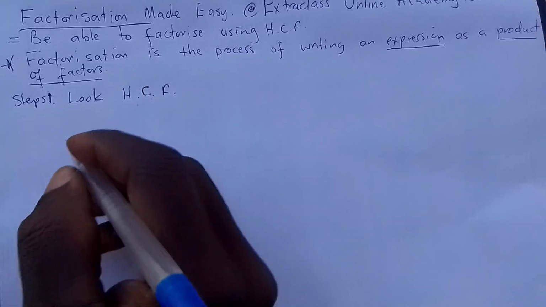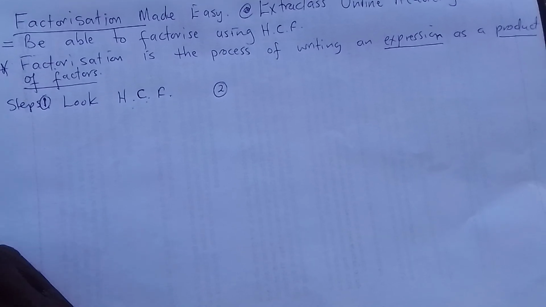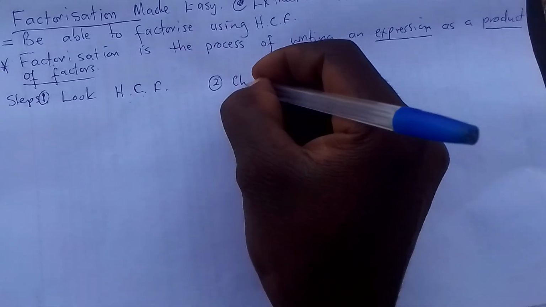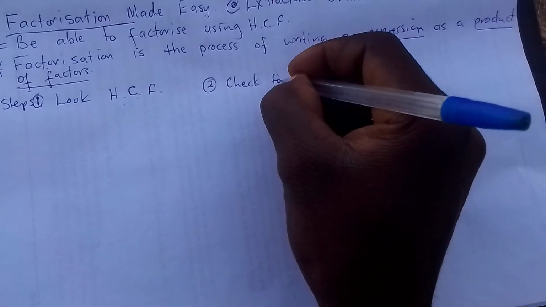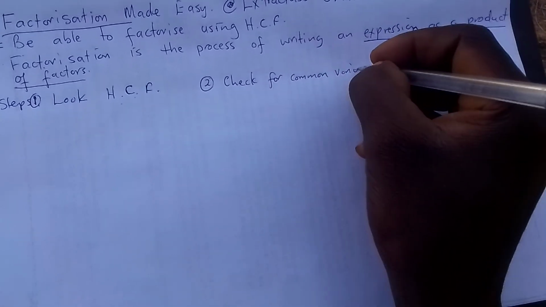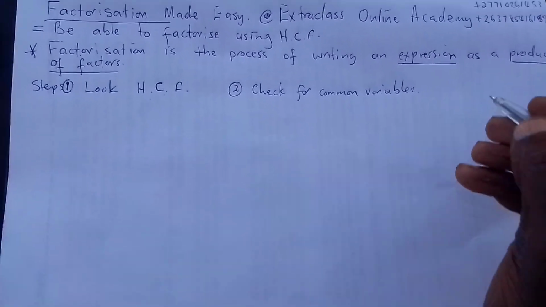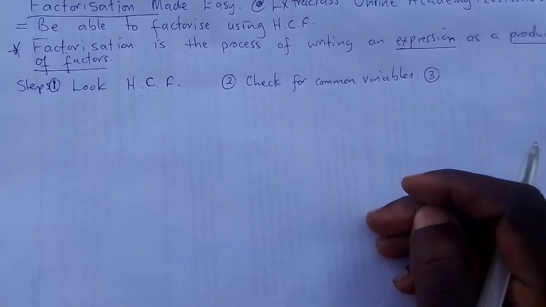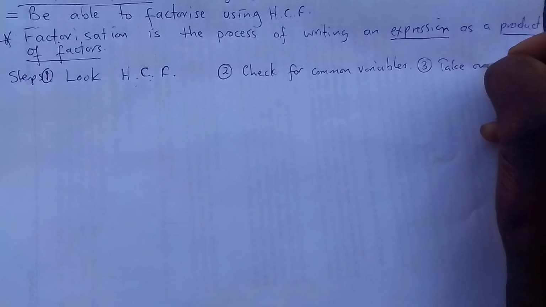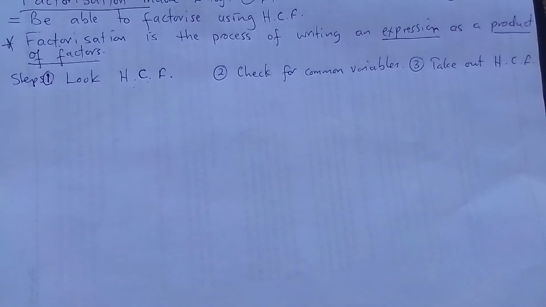Step number 2 is check if the variables are common. Okay, we check for common variables. Step number 3, we are going to take out the common factor. So take out highest common factor, right?